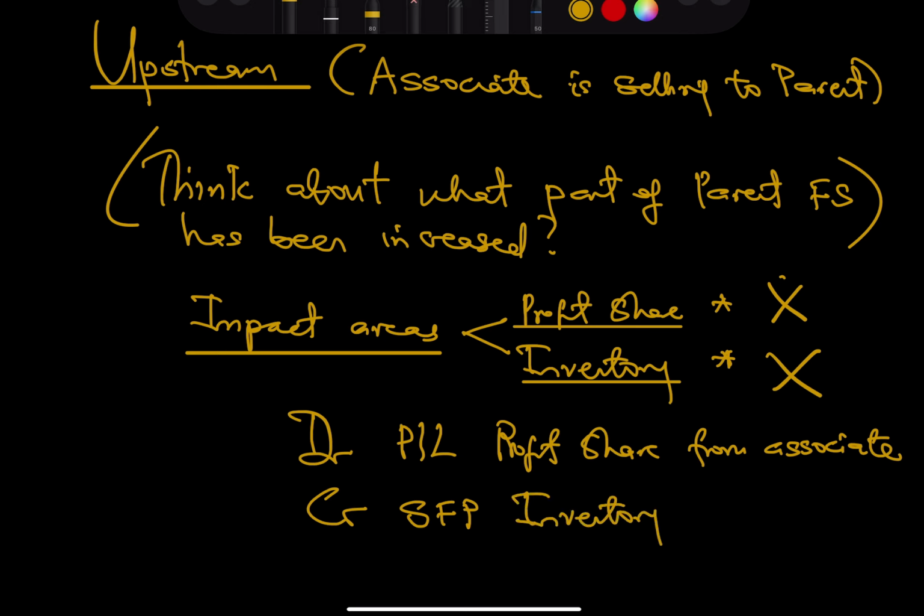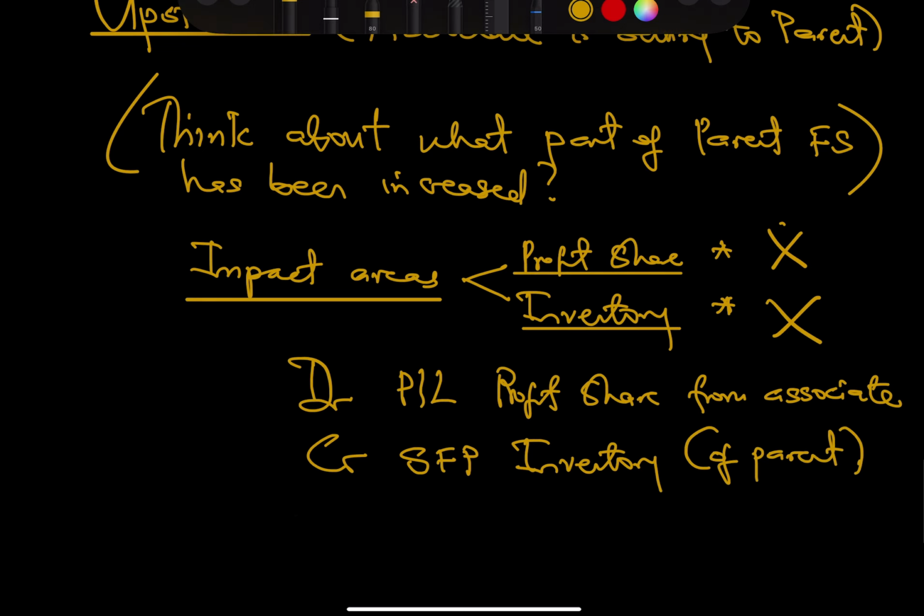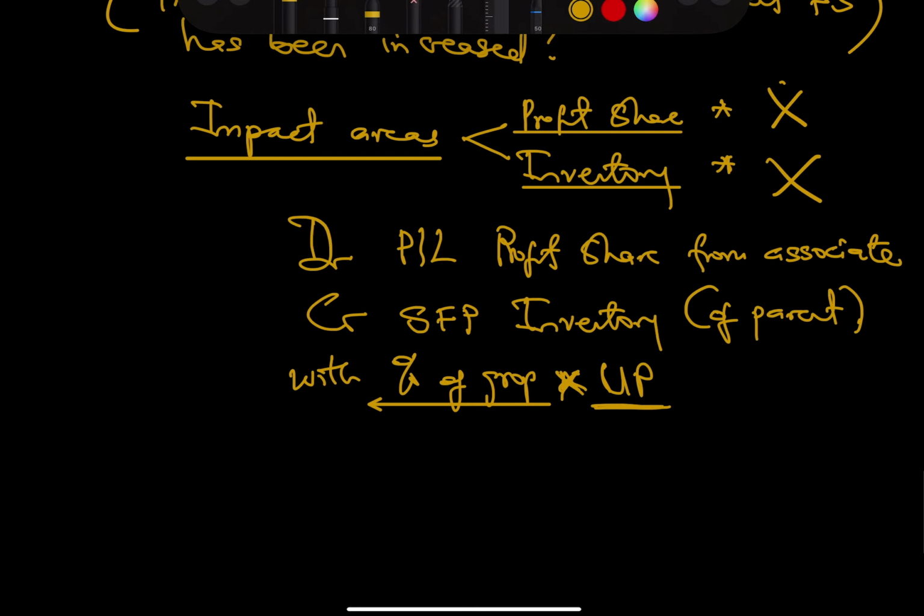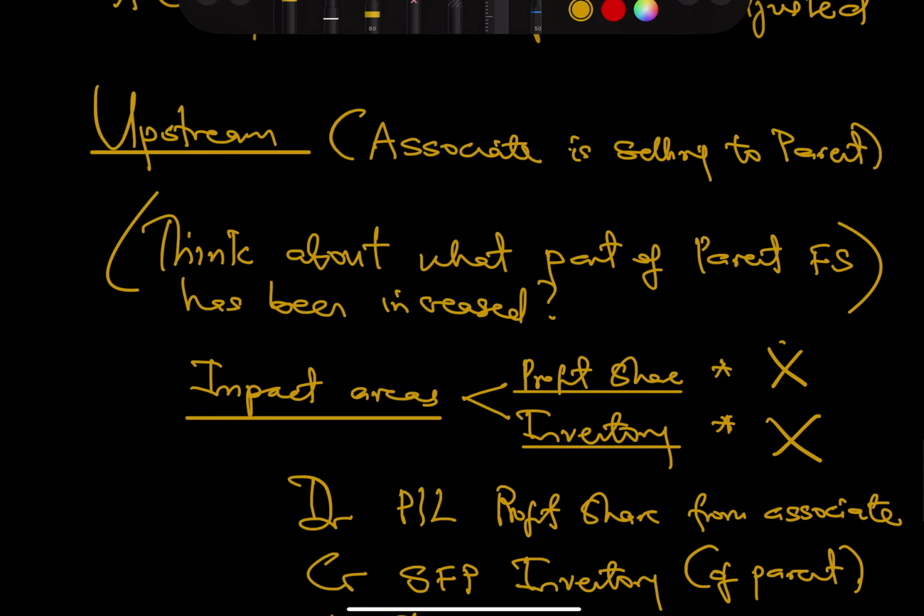Please note that this is the inventory of the parent, because that is who is keeping the inventory. And with how much? With the percentage of group, multiplied by the unrealized profit. So not total unrealized profit; you need to take the percentage of the group, multiplied by that unrealized profit. That's the amount you need to adjust for.